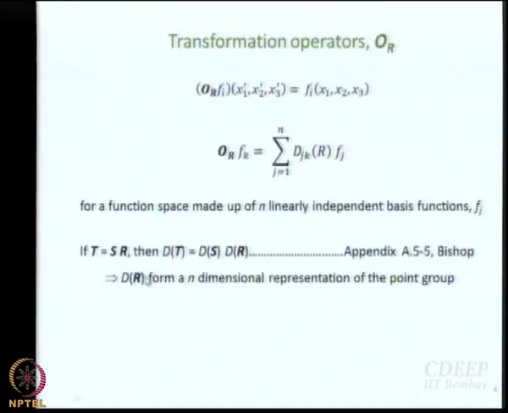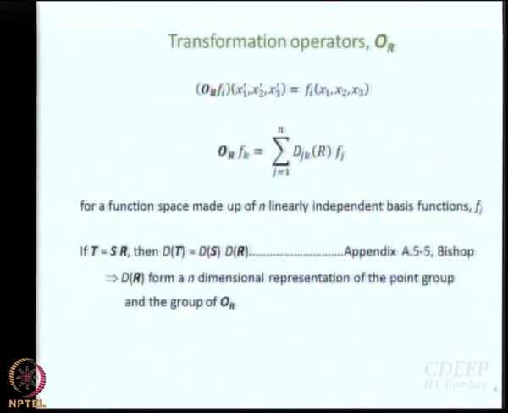When I say D of R, R is a variable, a general symmetry operation, I do not mean this particular R. All the transformation matrices form an n dimensional representation of the point group.